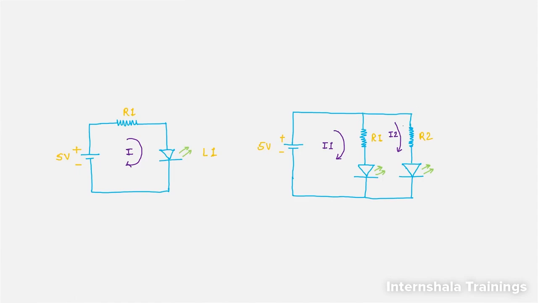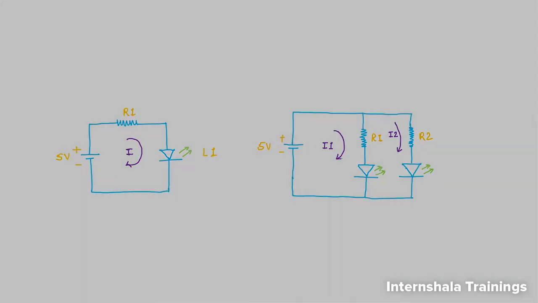R1 and R2 are limiting the amount of current which will flow towards this LED, and based on the value of resistor that you use in a particular branch, the intensity of this LED will be decided. I hope this point is now clear to you.